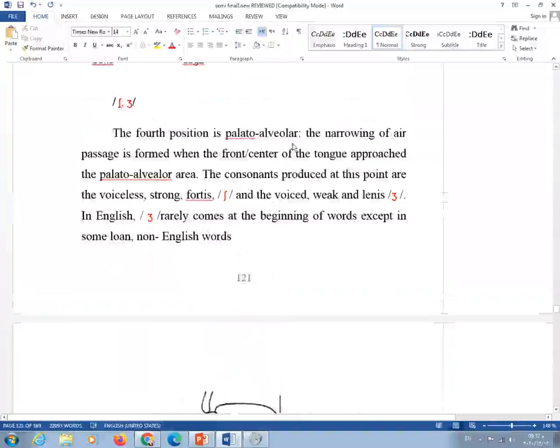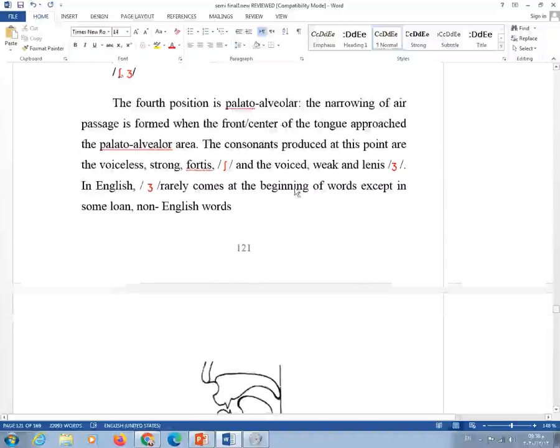The narrowing of the air passage is formed when the front or center of the tongue approaches the palato-alveolar area. The consonants produced at this point are the voiceless, strong, fortis sh and the voiced, weak, lenis zh.